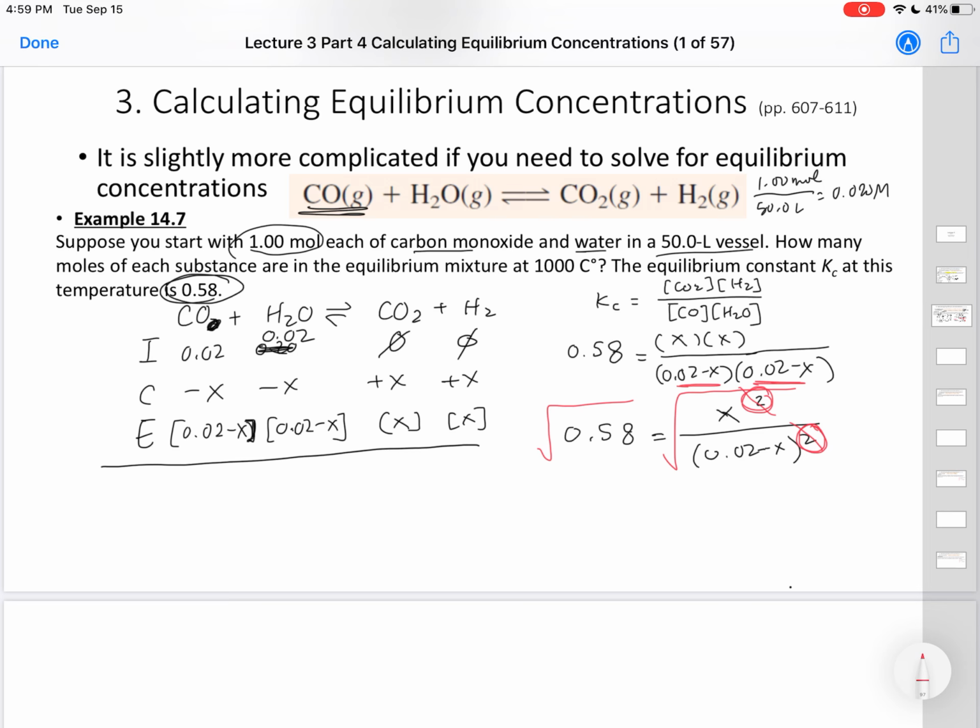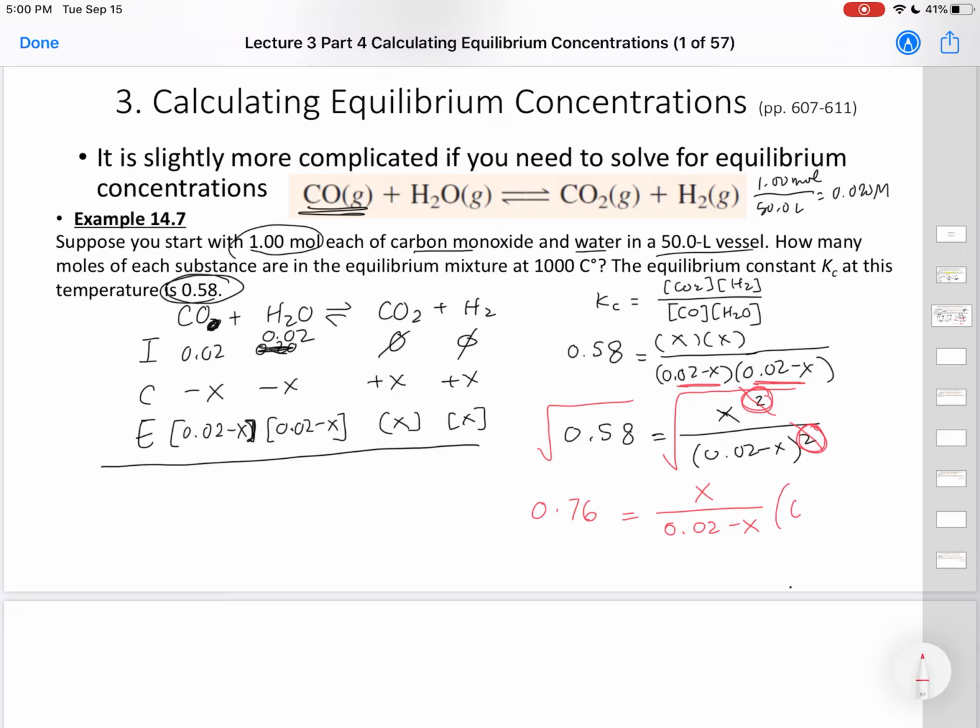So you have the square root of 0.58. The calculator's freaking out a little bit. That comes out to 0.76 is equal to x over 0.02 minus x.